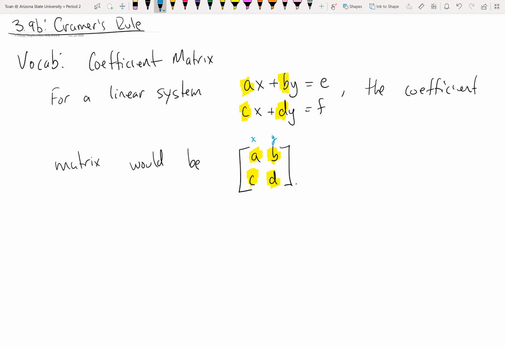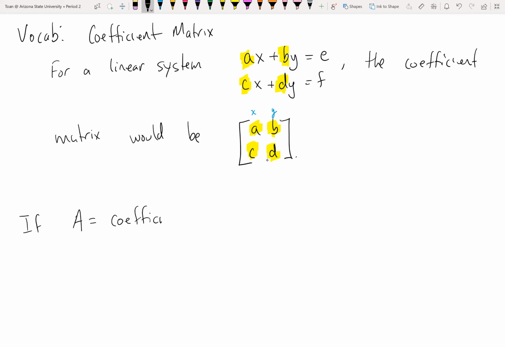If A equals the coefficient matrix, which is a, b, c, d, then define A sub x as the matrix with the constants replacing the x column.